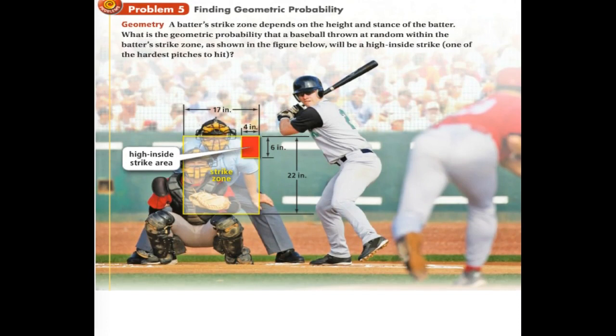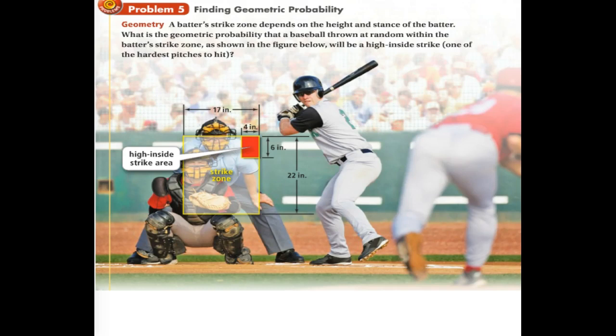So the whole strike zone is this grayish part, with the yellow border. We're looking at what is the probability it lands in this top little red corner. So we're using area. We want to compare the area that's shaded in red compared to the whole strike zone area.